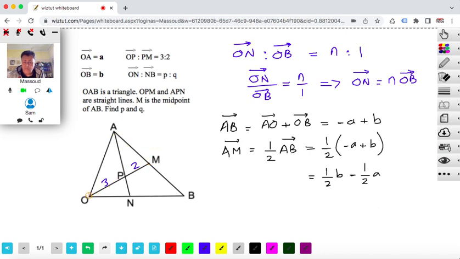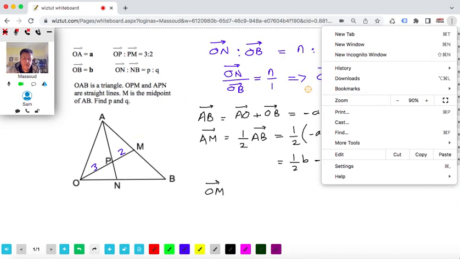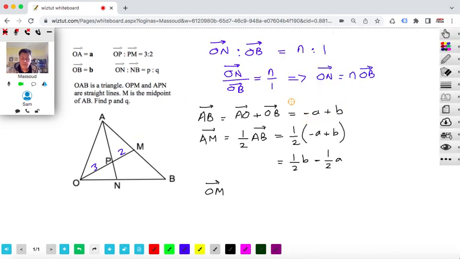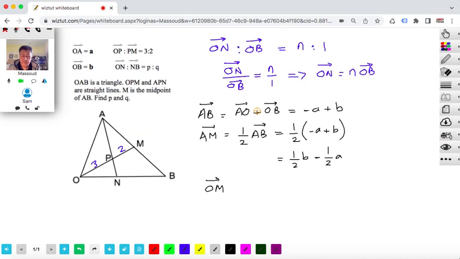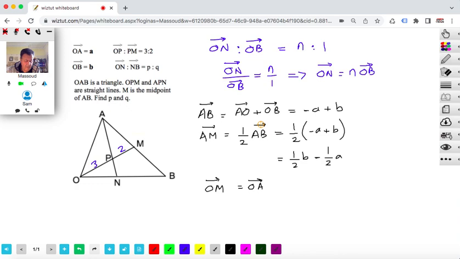The next thing I'm going to find is OM. I'm just making this a little bit bigger so we can see more of the picture. So OM is OA plus AM, and we have both of those.